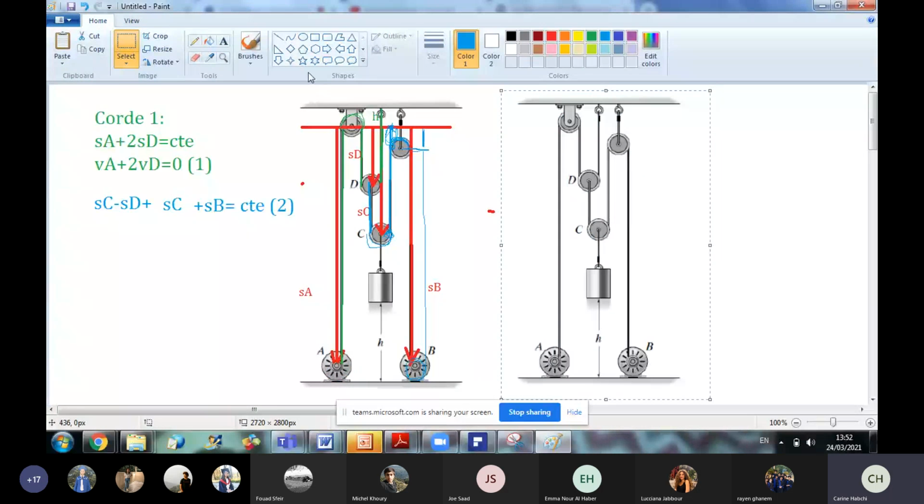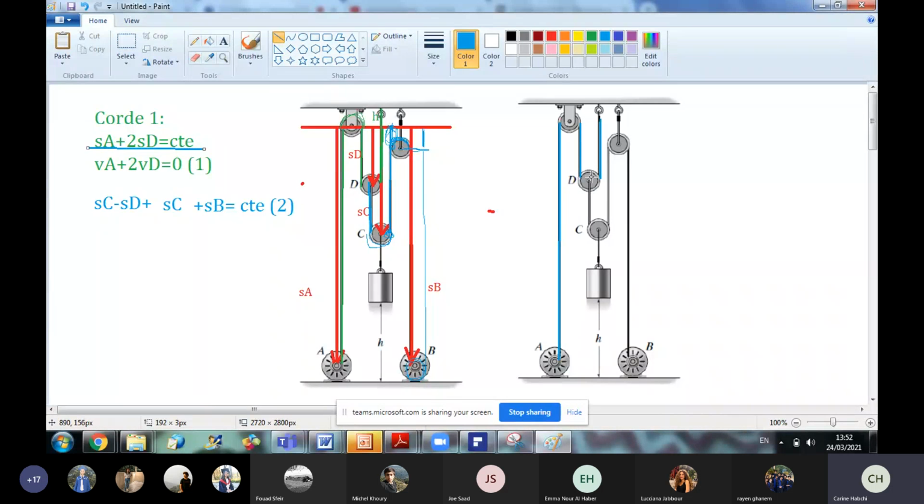So for the first chord, from here to here, it is SA minus a constant, but we will take the constants together. So here I just have SA. This is a constant part. From here to here I have SD. Here I have a constant, and here I have SD. So in total, for the first chord, it is SA plus 2SD equals constant.